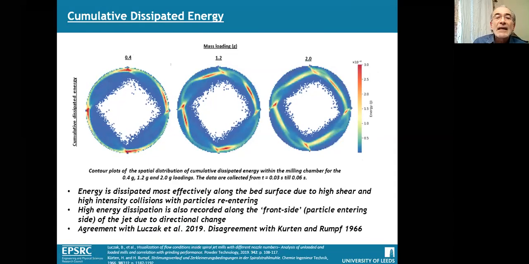And here is the last set of slides on the dissipated energy within the milling chamber. So we have here contours of the spatial distribution of the dissipated energy for these three mass loadings. And as you see here, you can clearly see where energy is being dissipated. It's along the bed surface due to the high shear and high intensity collisions, and where the particles are re-entering the bed in here.